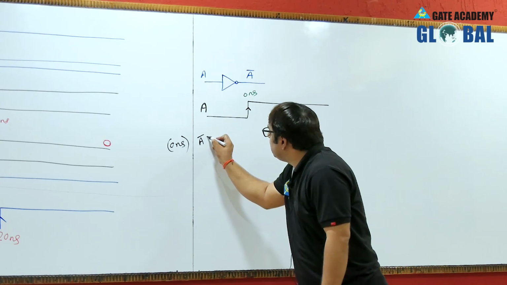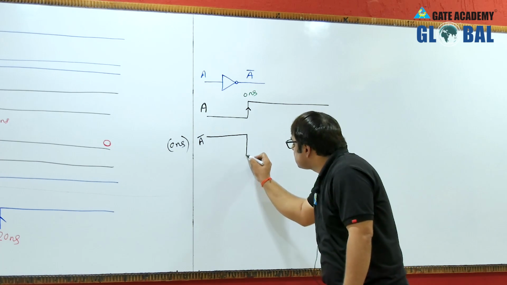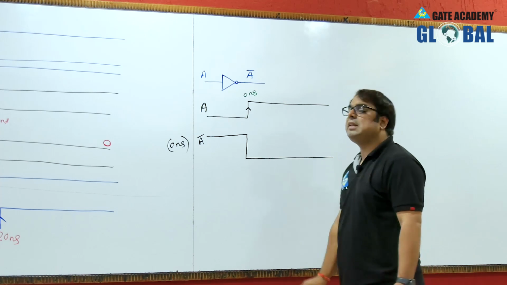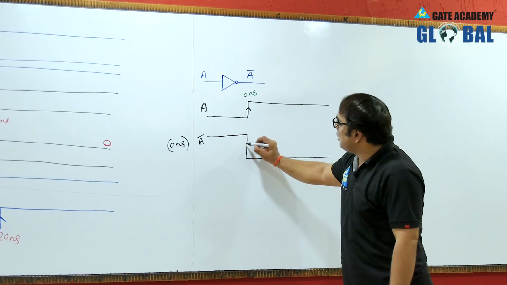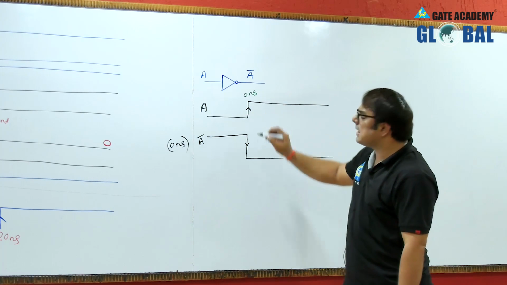If there is no delay, exactly same time transition will happen in the opposite direction, because it is a NOT gate.